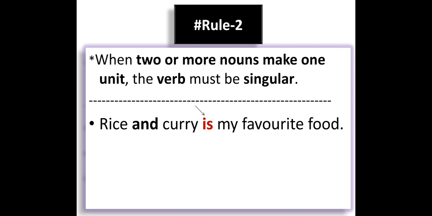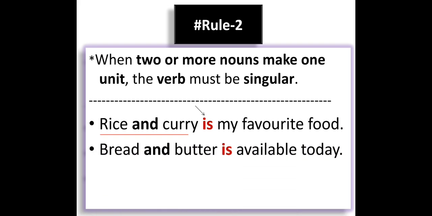Here you see we are using a singular verb, is. Though rice and curry are two things, when they are combined together, they make one unit. That's why we are using a singular verb. Rice and curry is my favorite food. Okay?